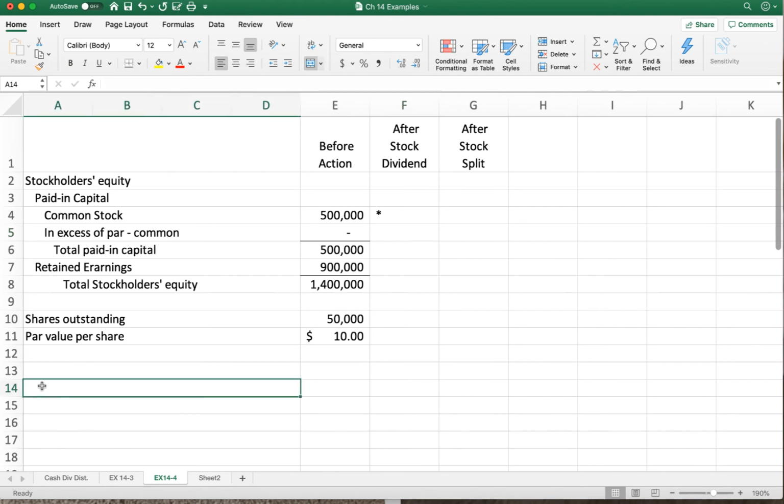Let me do it this way. I'm going to come down here and just show my calculation. We have 50,000 shares times 5%. And if my math's right, that should be 25,000. No. My math is not right.